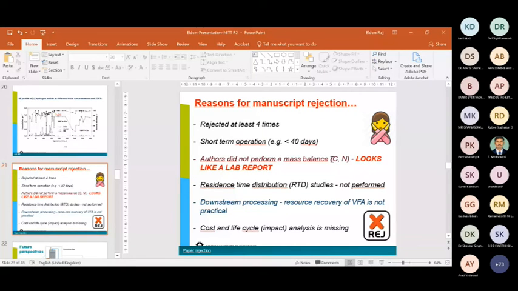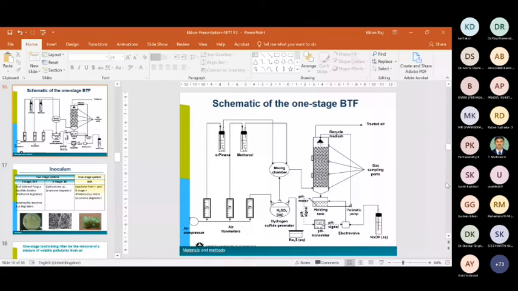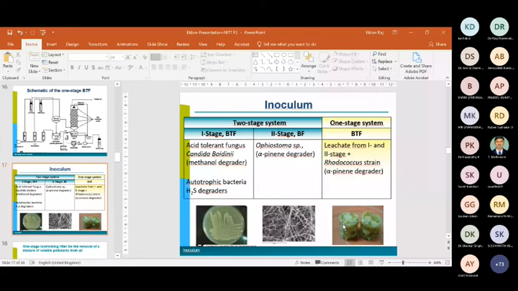And in some cases, when you have a very high amount of packing material like this, for example, when you have a high amount of biomass grown here, then there will be, of course, a pressure drop increase. Then the residence time will not be the same anymore, because we say that it's an empty bed residence time. But now with such an amount of packing, the true residence time would be 10 or 15 times higher than the empty bed residence time that we are mentioning.